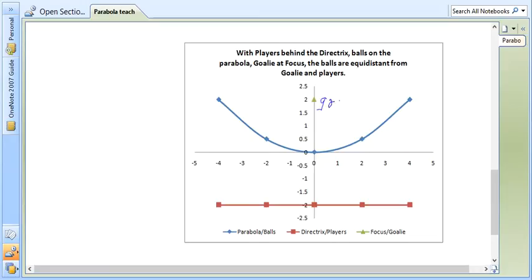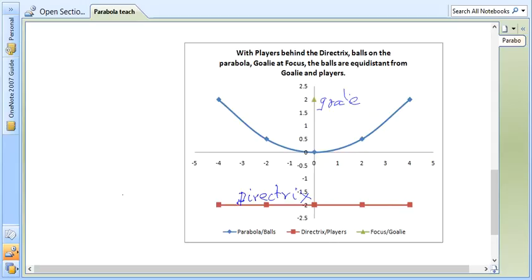So here is the goalie, and this line that we see here is the directrix, the D.